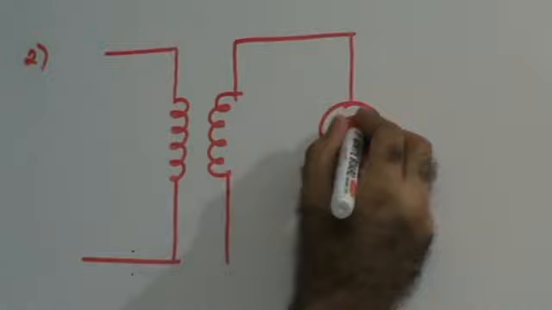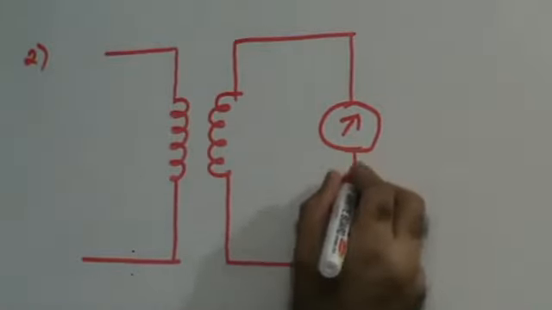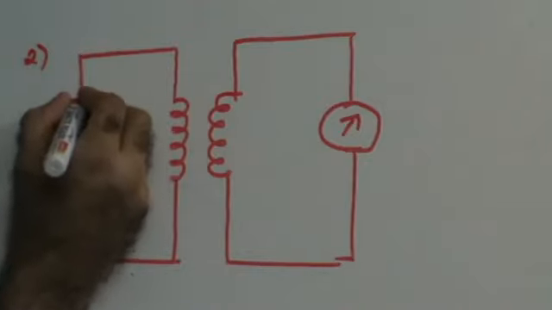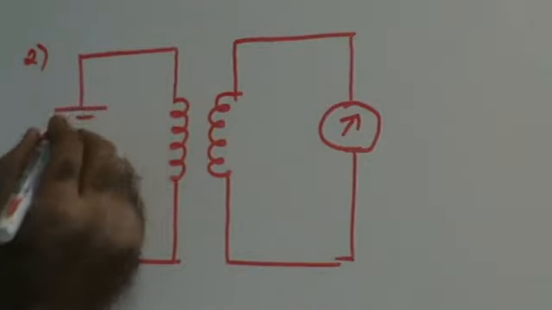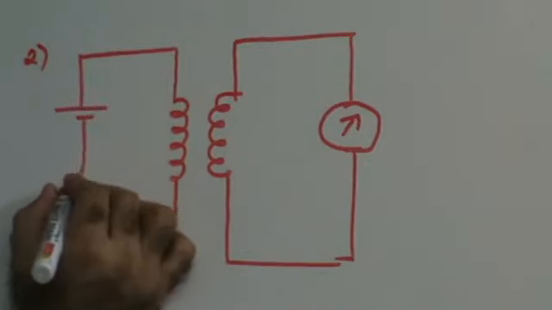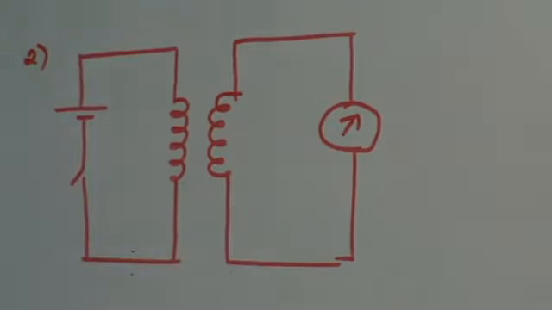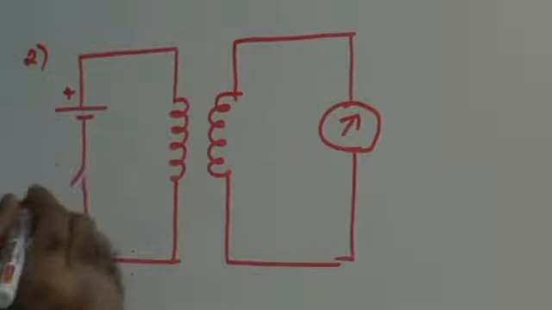Connect a galvanometer to one of the coils, and to the other coil connect a battery and a switch, right? Positive terminal of the battery and switch.